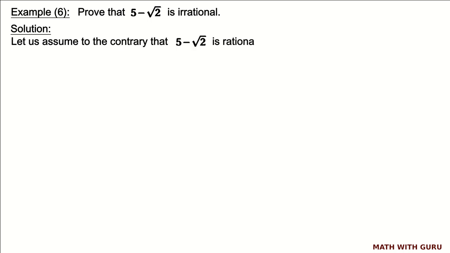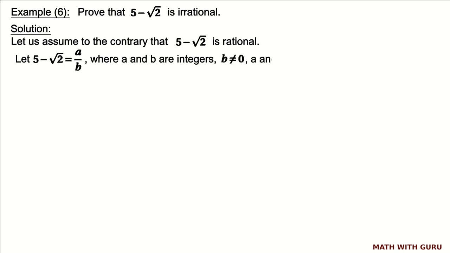Example 6. Prove that 5 minus root 2 is irrational. Let us assume 5 minus root 2 is rational. Let 5 minus root 2 equals a over b. Bring b to the left hand side. Then open the brackets. 5b minus root 2b equals a.